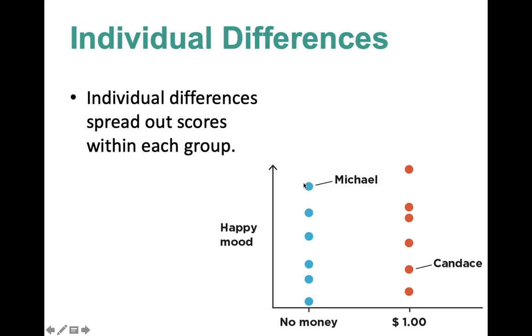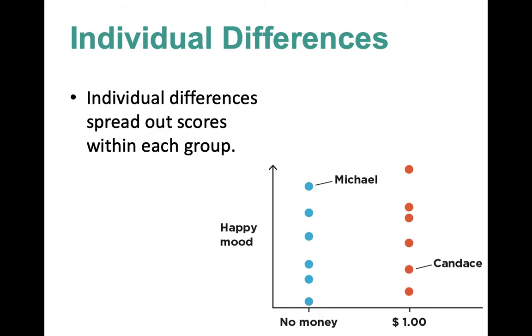Michael here could be a naturally happy person, and the money doesn't really matter quite so much. He's just always kind of happy. Versus the people at the bottom of each group, they're the grumpies. So there are many different ways in which there can be individual differences in these groups, and that just obscures the small difference.